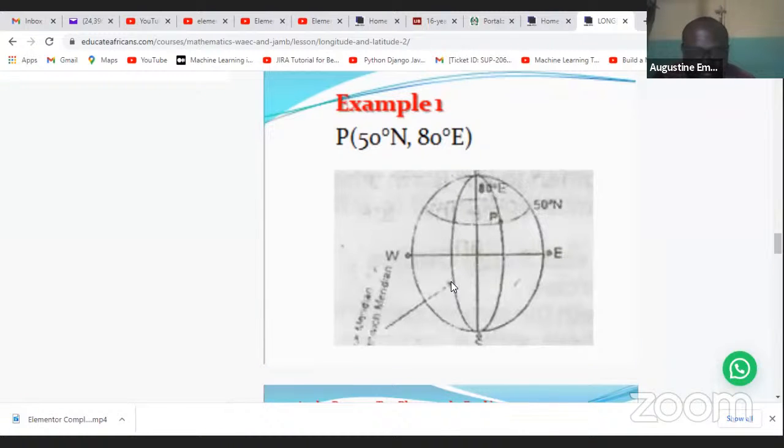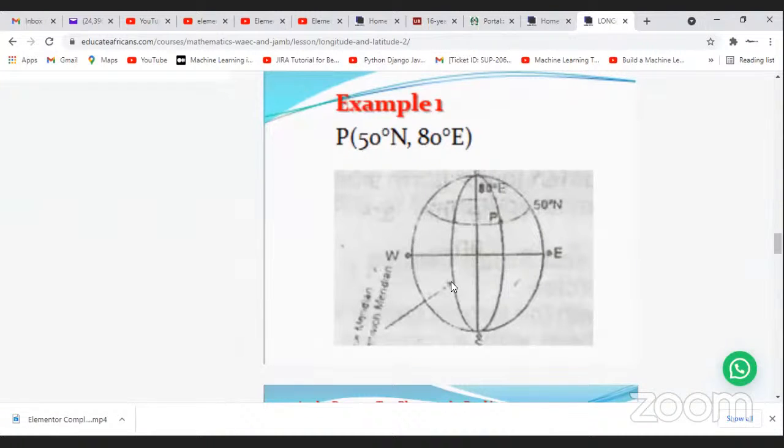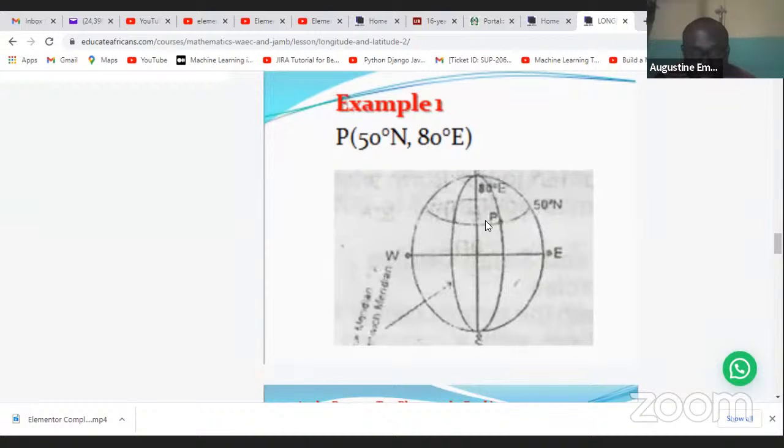If this is 0, this place is 0. So we need to go to 80 east. So this is the point of 80 east. And also, this is the point of 50 north.